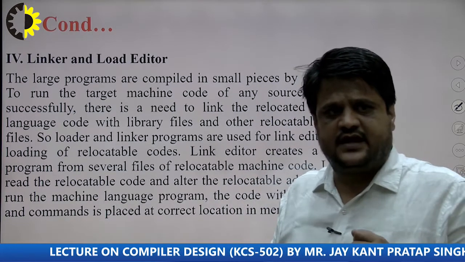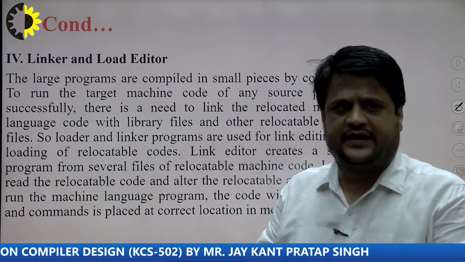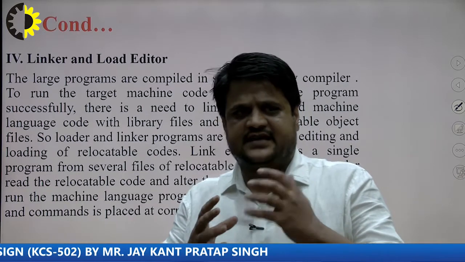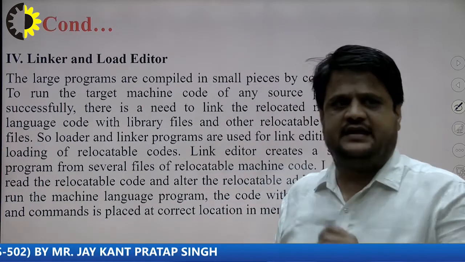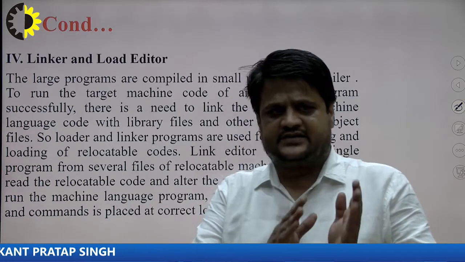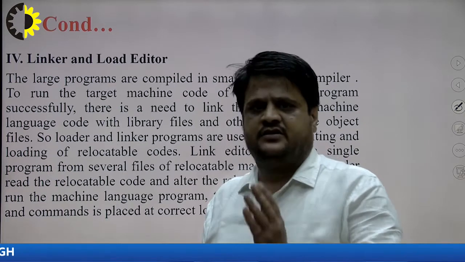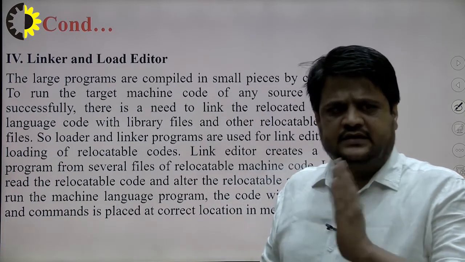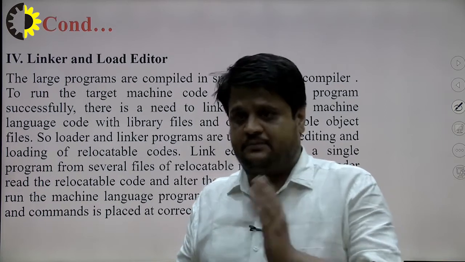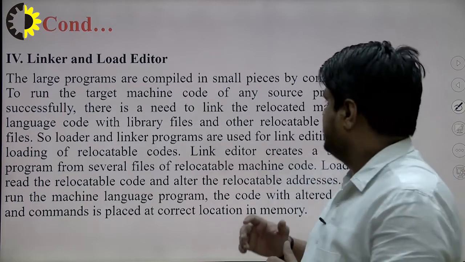So loader and linker programs are used for link editing and loading of the relocatable codes. The link editor creates a single program from several files of relocatable machine code, and the loader reads the relocatable code and alters the relocatable addresses. To run the machine language program, the code with altered data and commands is placed into the correct memory locations, right?